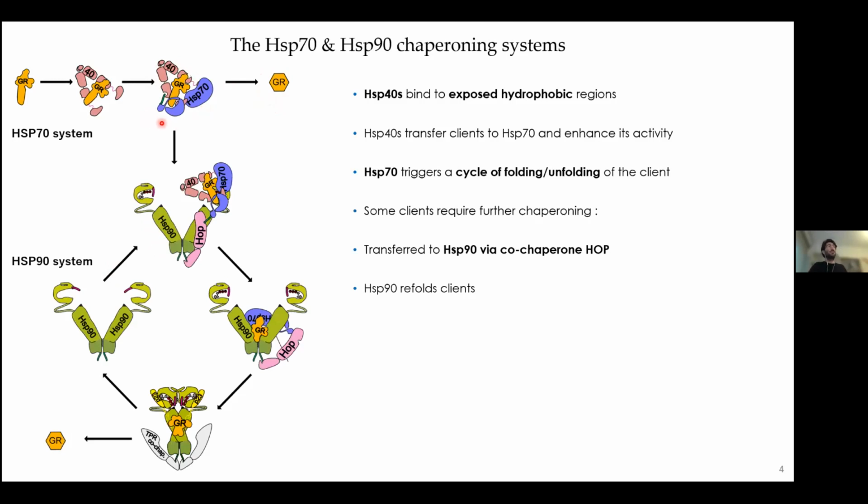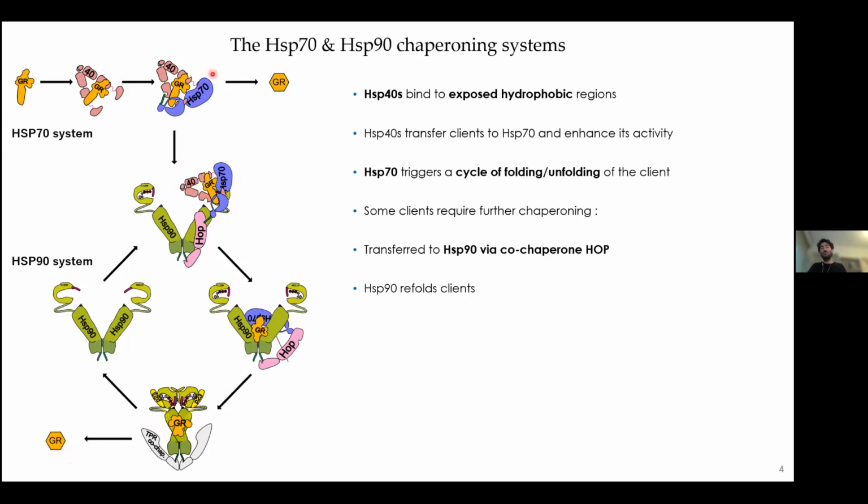So the first step in bringing the client to the Hsp90 system is to have a co-chaperone that interacts directly with Hsp70 and with Hsp90 simultaneously, which brings this client complex to Hsp90. From there, the client can be loaded onto Hsp90. From the hydrolysis of ATP, we have multiple changes of conformation that eventually bring Hsp90 to its closed state, in which the client can be matured and folded into its active state.